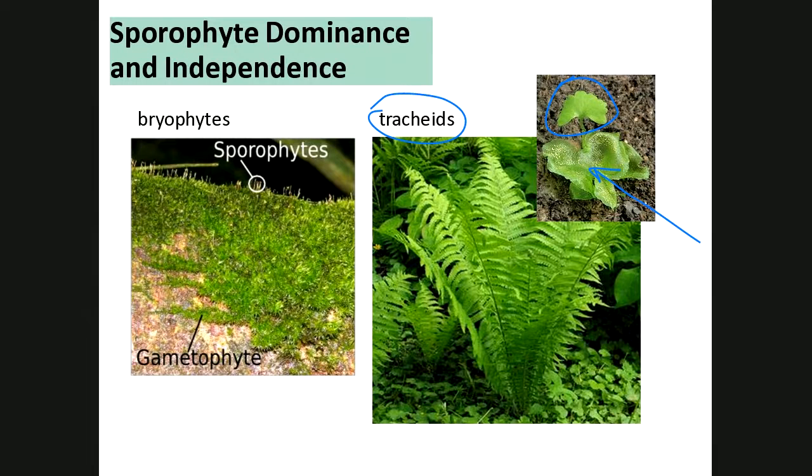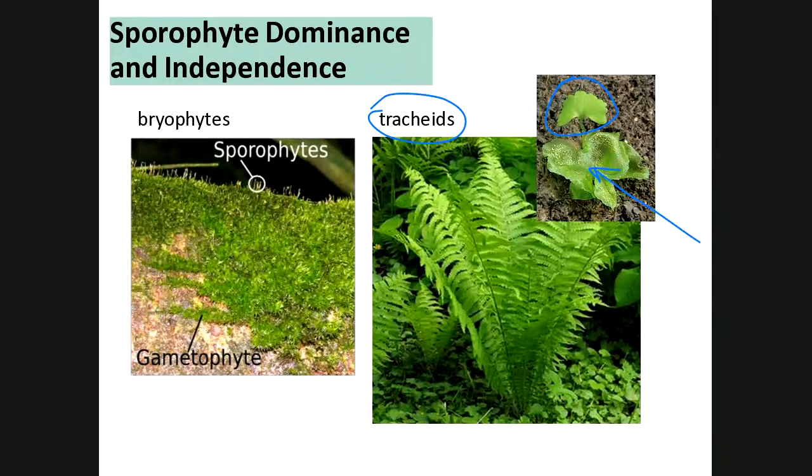Remember when I showed you those resurrection ferns, and on the back of them they had those little dots, the sori? Sporophytes produce spores. So the frond of those little resurrection ferns had those little dark spots, the sori, where the spores were being produced. So that's a spore-producing structure. But now that has changed as we've gone from bryophytes to tracheids, right?